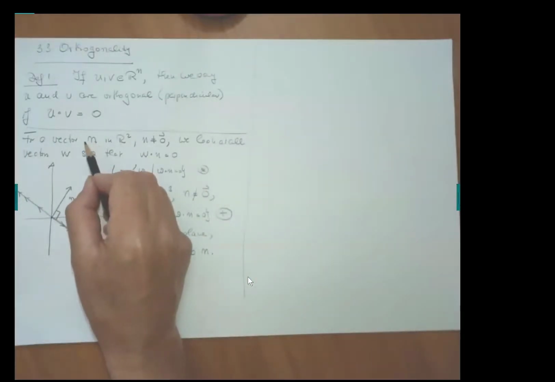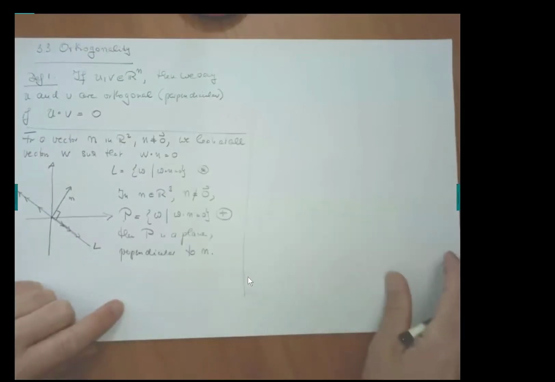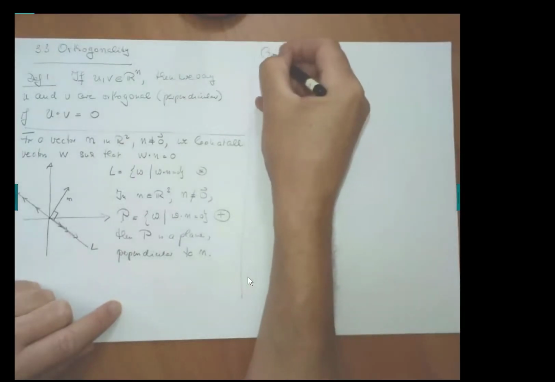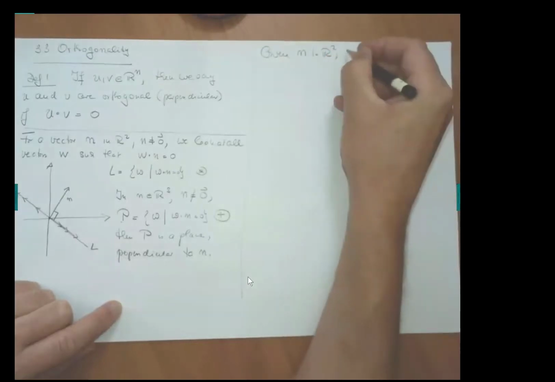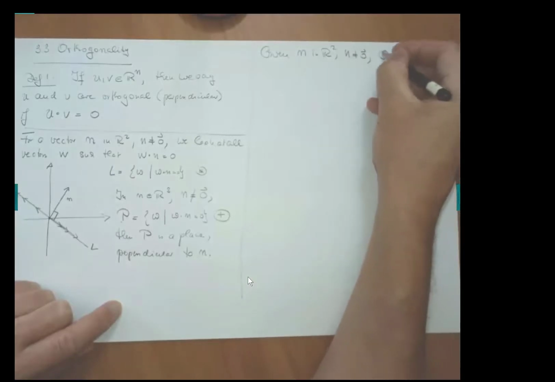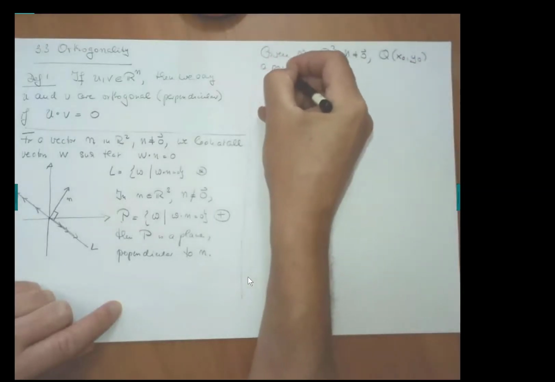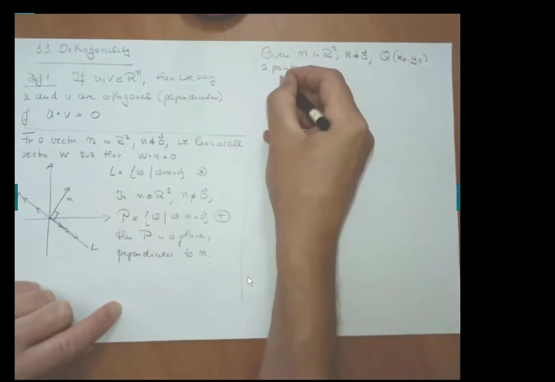So now, instead of having just one vector to which we are perpendicular, we move our starting point to an arbitrary other point, not the origin, in the plane. And this point I call Q. So now, given n in R2, again, n not the 0 vector, and Q a point, now we're looking at the plane.